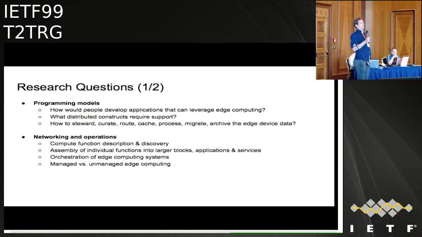Especially if you think about enterprise or industrial IoT, of course, you often have well-managed networks. And so what would be the management orchestration requirements for that? One notion that was brought up is that ideally, what you have to do for edge computing wouldn't differ too much from already existing enterprise orchestration management systems. Next slide.